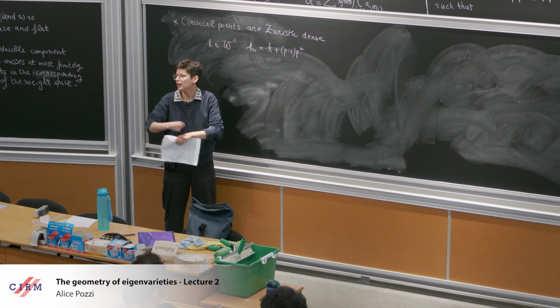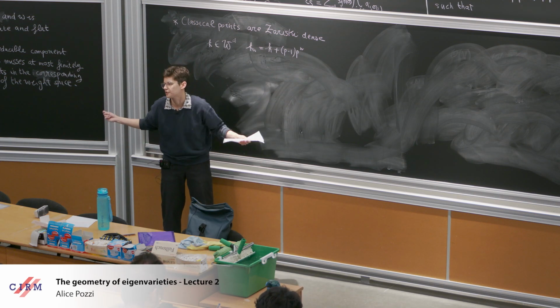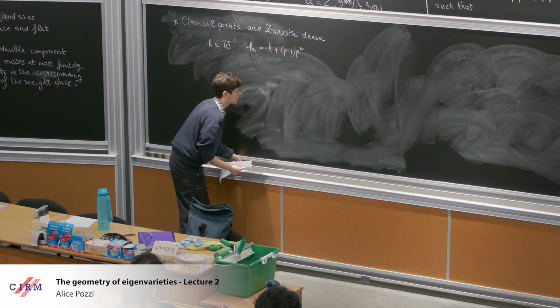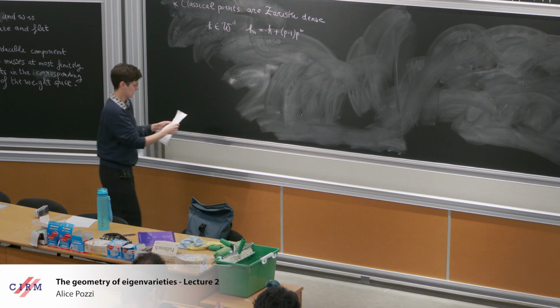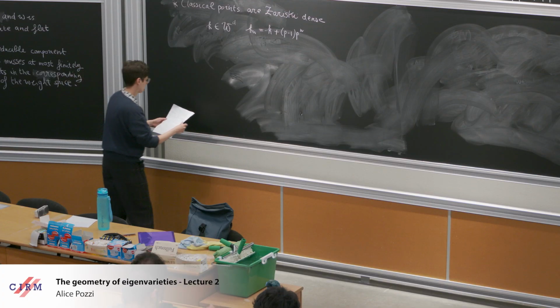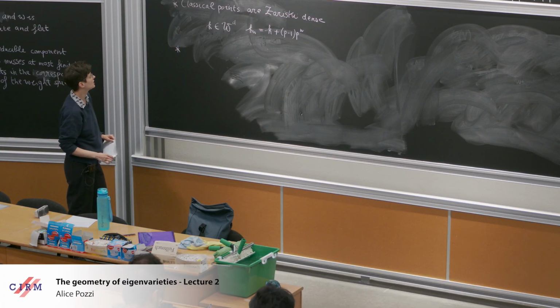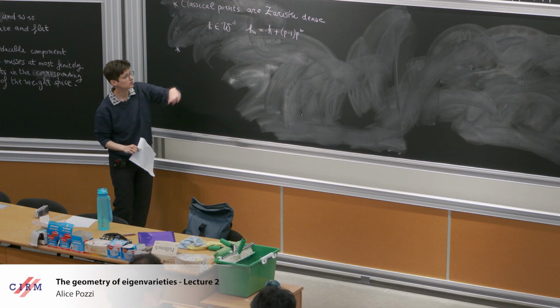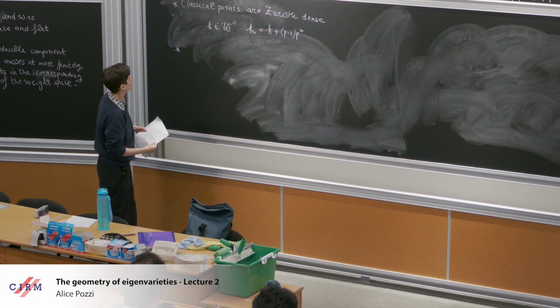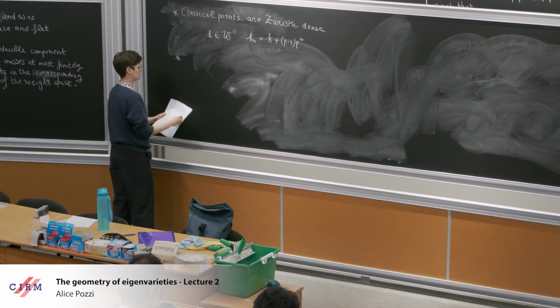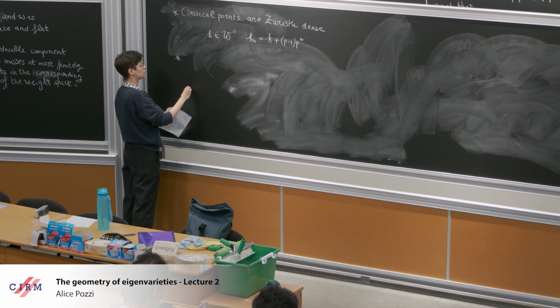And then from that point on, all of those points are actually going to be classical points. So this is something that we can maybe flesh out in more detail later. Another consequence of this is that, using that theorem, we can conclude with a relatively simple argument that the eigencurve is reduced.